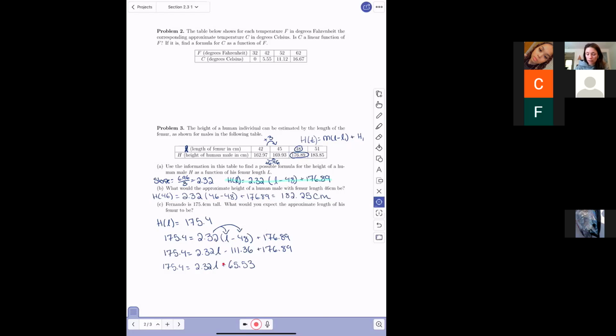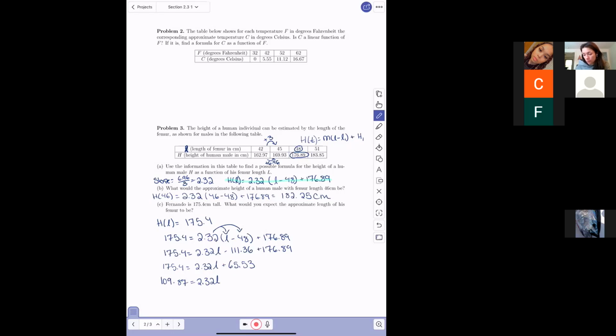Now subtract this to the other side. So 175.4 minus 65.53 is 109.87, which is equal to 2.32 L.